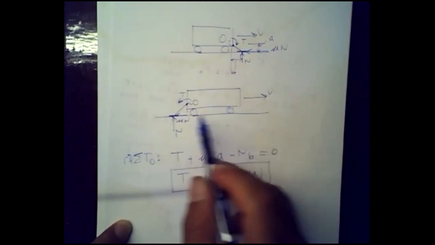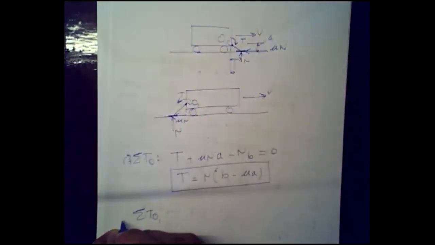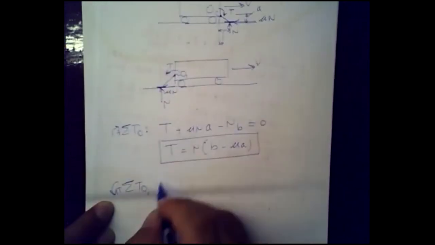And in this case, if I sum the torque about, let's call this O1, about O1, and again I'm going to do it in that direction. So I'm going to end up with what?